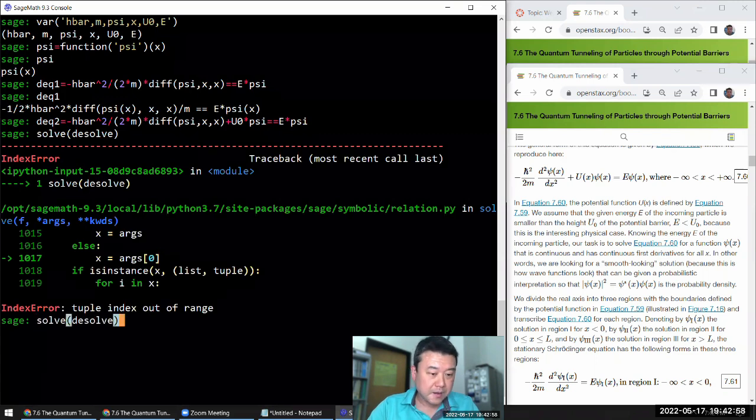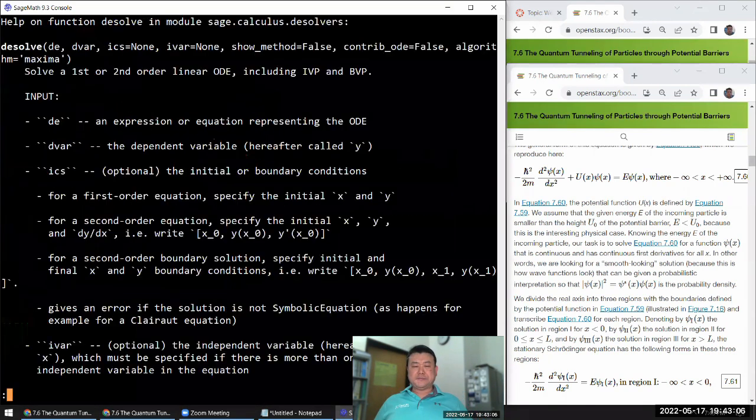Oops, sorry, I meant to say help. That's all. So hopefully that'll give me some syntax guide. Yeah, differential equation solve: differential equation, a dependent variable, that would be psi. Initial conditions, I'll start by not putting anything in, and the independent variable should be x.